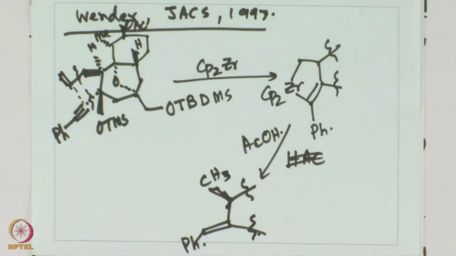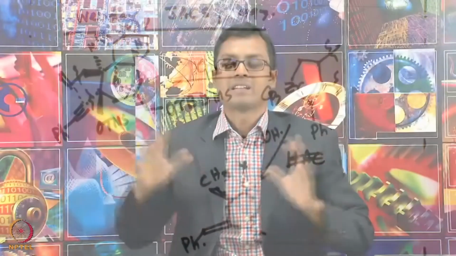Well, this is a very powerful technique, as you can see that the chemistry is very simple. You have an enyne, that is one ene and one yne, one olefin and one alkyne.